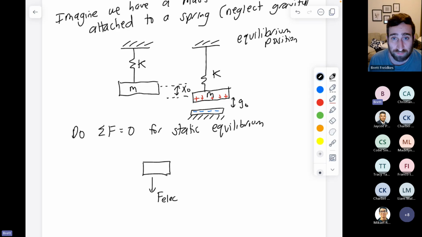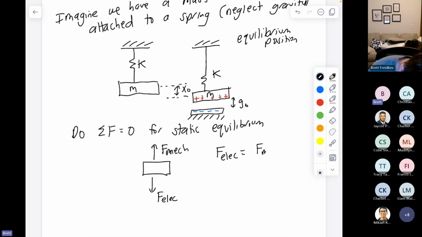And then, of course, we have the spring force that is pointing upwards to try to bring the mass back. And if we're at equilibrium, that means that these two forces have to be equal to one another.